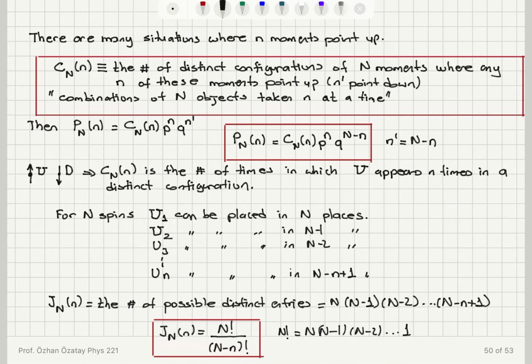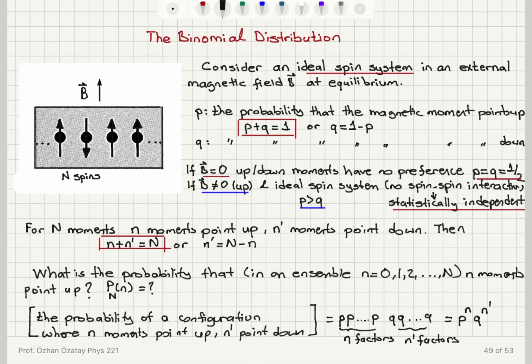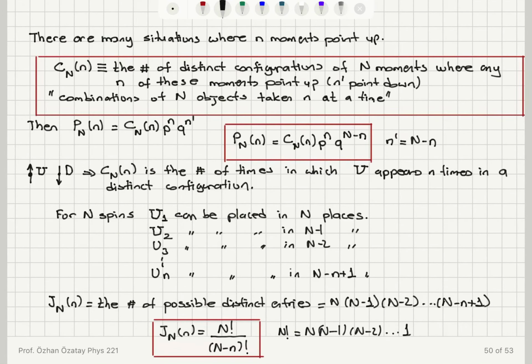But then I realized that I didn't ask for the first one to be up, second one up, nth one up, and n plus 1 pointing down, etc. I asked for any n moments pointing up. So in this case, I'm overcounting these situations.